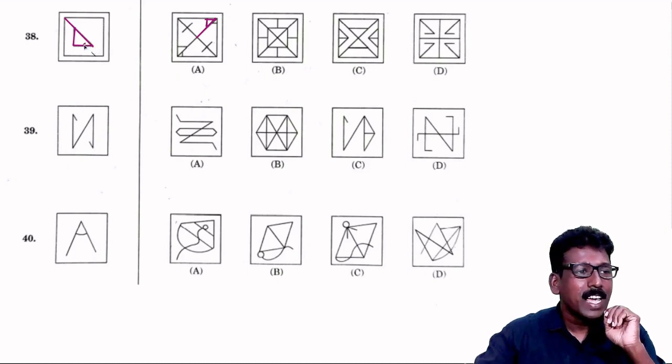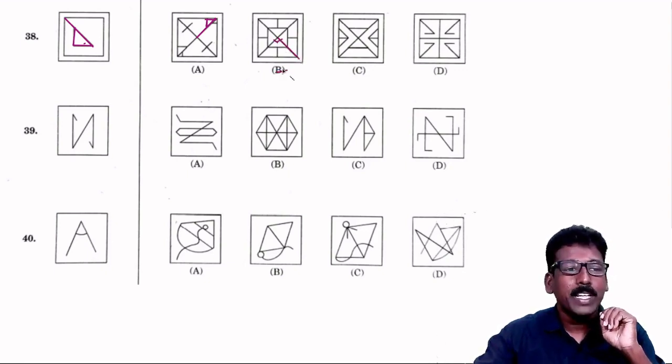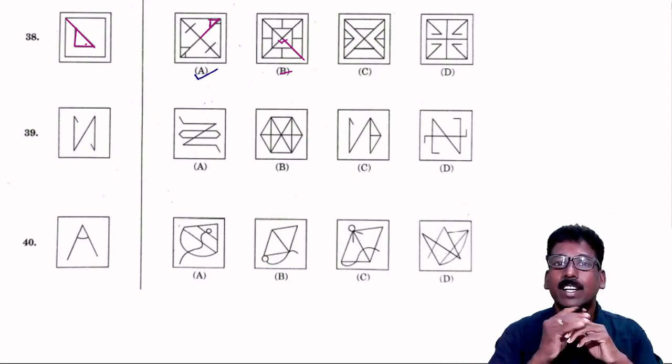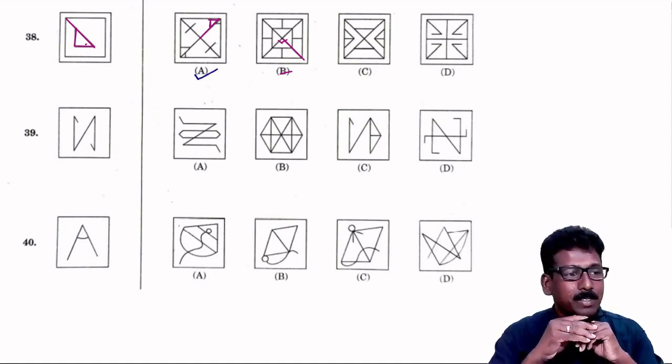Here you can see this angle is acute, but here at the end point of the line segment, this one is a right angle. So B cannot be. So A will be the correct answer. So darken question number 38, A is the correct option.